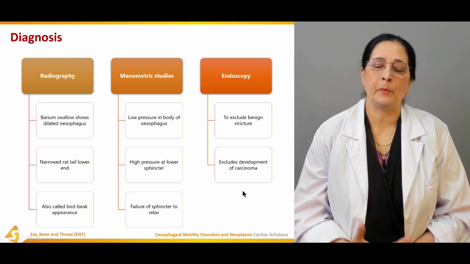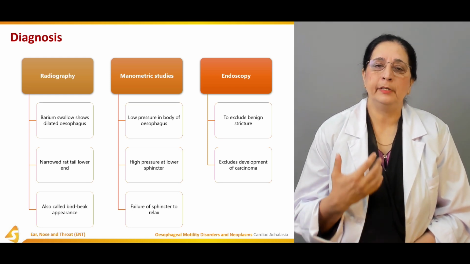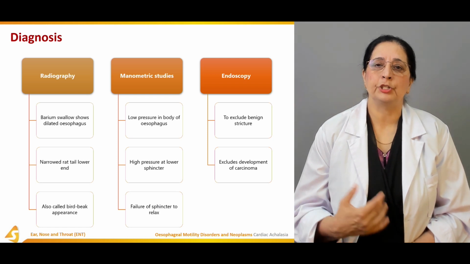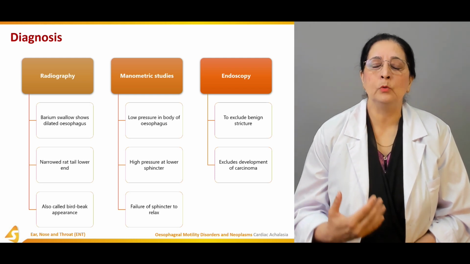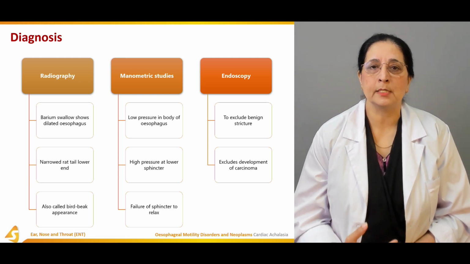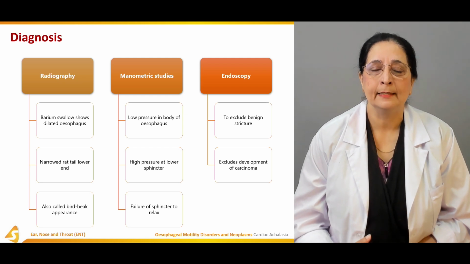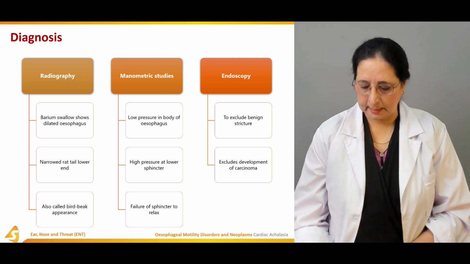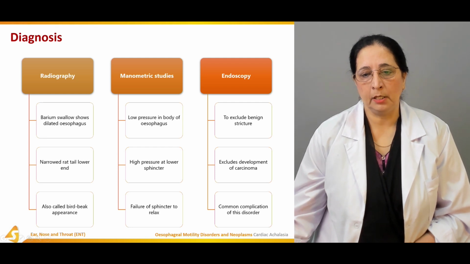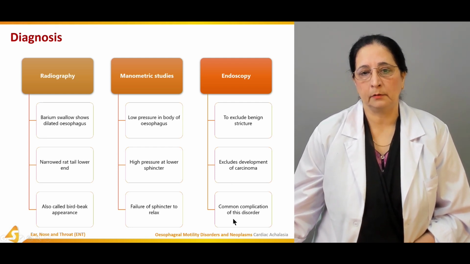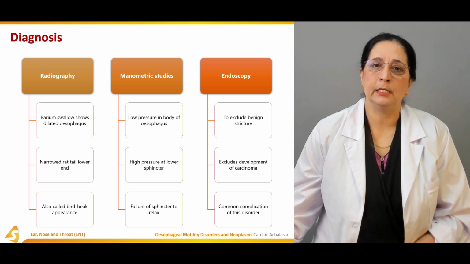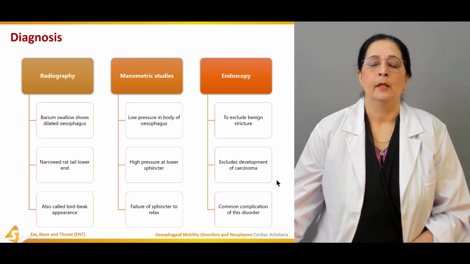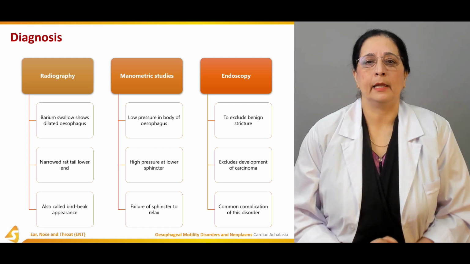If endoscopy is performed and there is any obstruction or growth, we can even take a biopsy, or exclude any growth or mass, or any benign stricturing of the esophagus. Then also, the common complications of the disorder are stricture formation and the development of carcinoma, which is common with cardiac achalasia.